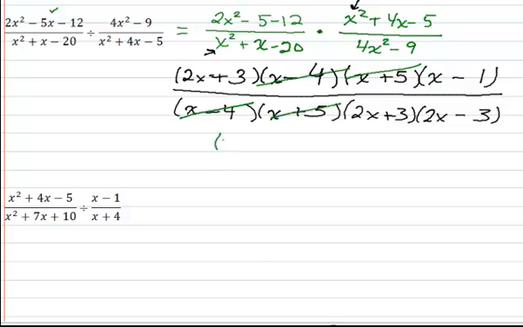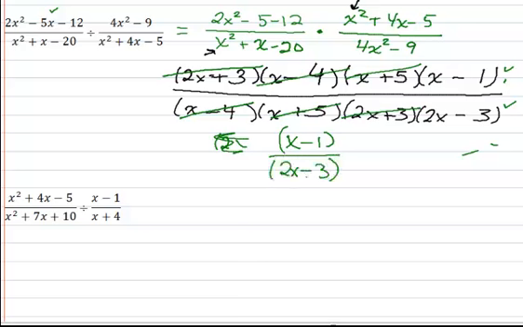And what we have left is there's a 2x plus 3. So what we have left is just x minus 1 over 2x minus 3, so x minus 1, putting in parentheses to remind you that you can't split them up, and we don't have any more of the same factor, so we're done.